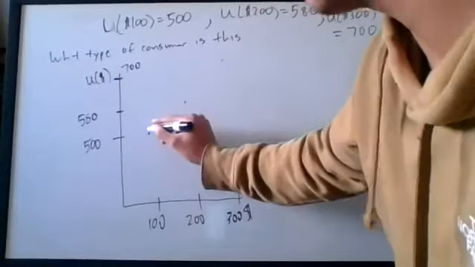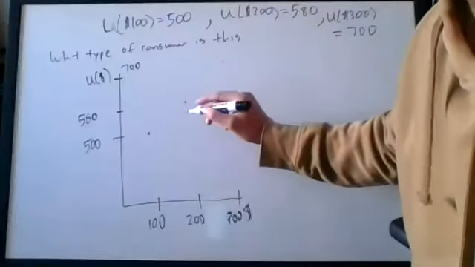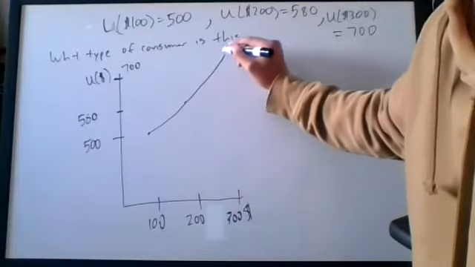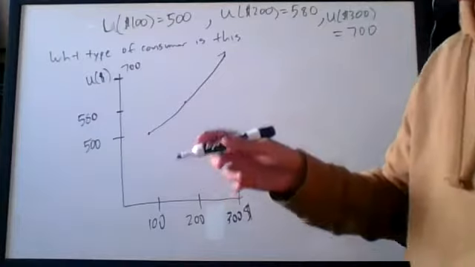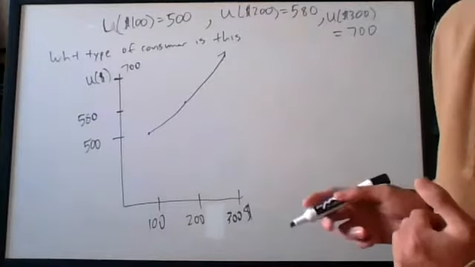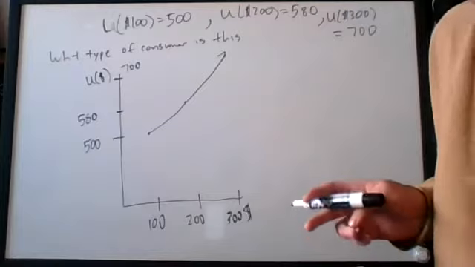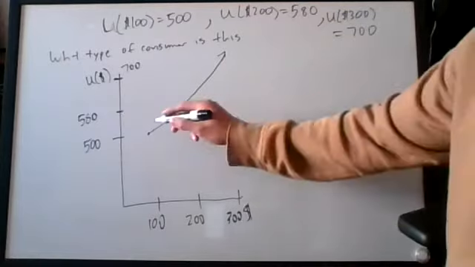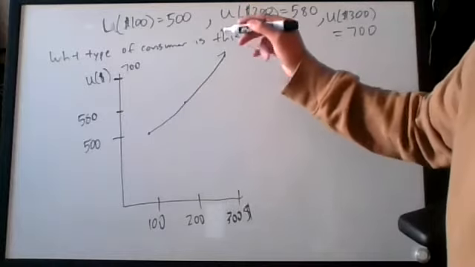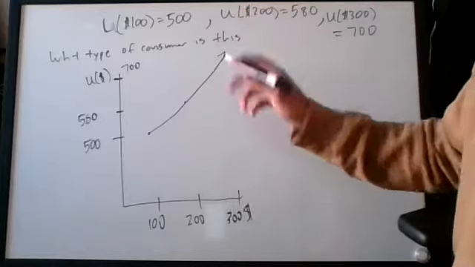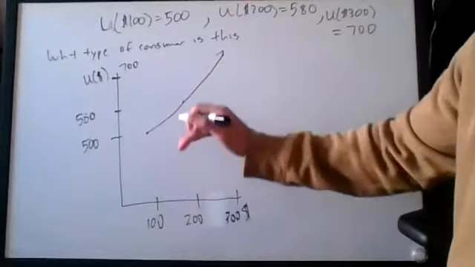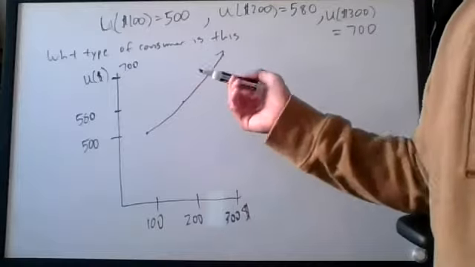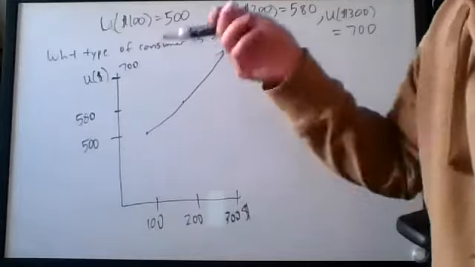If you track the movement of this, it's pretty subtle, but you should notice that this forms a parabola. Based off of either my lectures or the lectures that you go to, this is the typical shape of someone who is risk loving, because their marginal utility from an extra dollar is increasing.